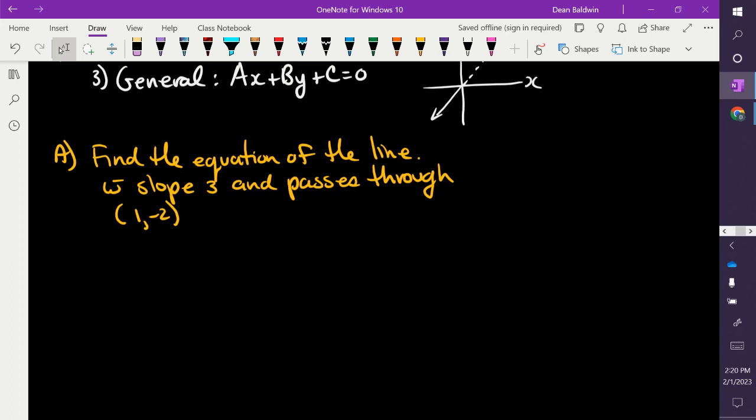Okay. What do we do? So there's 2 ways to do it. You can use mx plus b or you can use point slope. It doesn't actually matter.